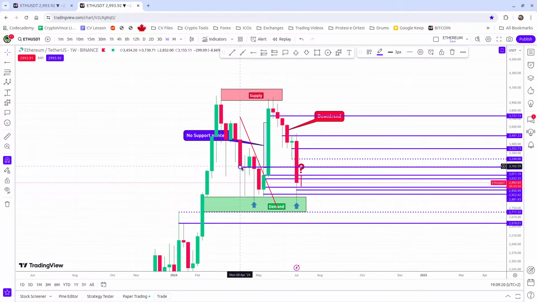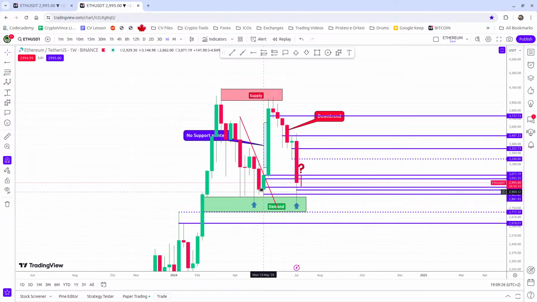I won't consider that as a major level. This one, it's more important if we close above this. And we'll see if Bitcoin will be able to close below that in 7 hours. I mean, we have to dump really hard.